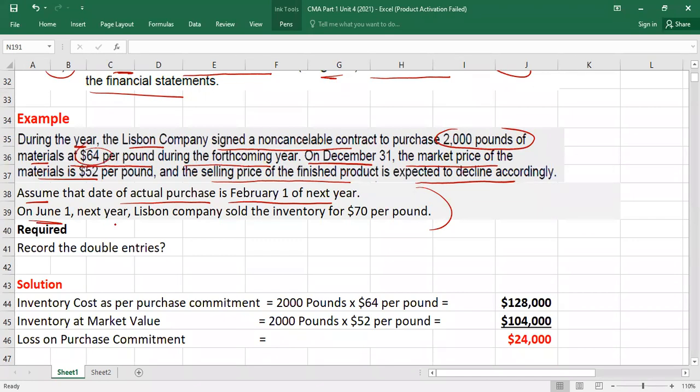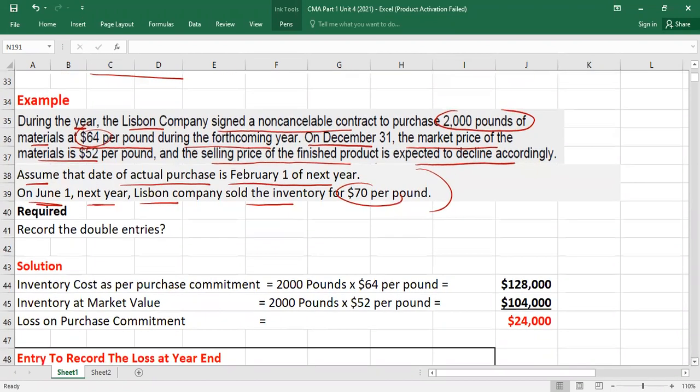Then on June 1 of year 2, after the purchase, the company sold the inventory for $70 per pound. This is the sale of whatever you purchased on February 1. So now how will you record the entry? Just focus on this example, what I'm doing.